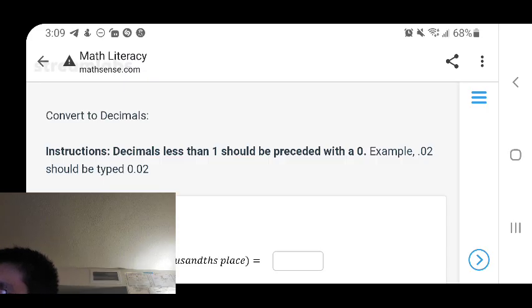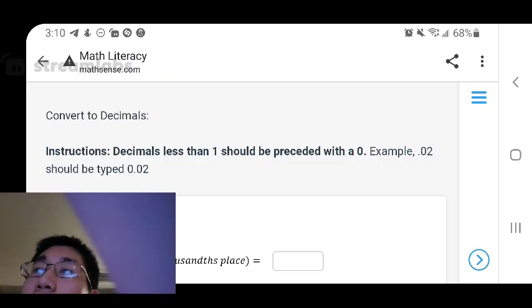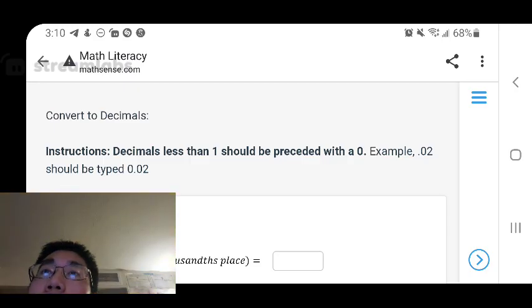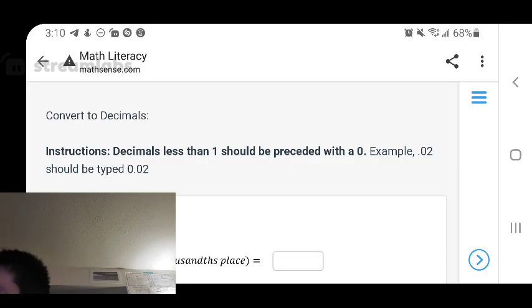It goes into 33 times and 60. 7 times, 56, and 45 times. Yep. 8.375. Round to the thousandth place. It's been a while.